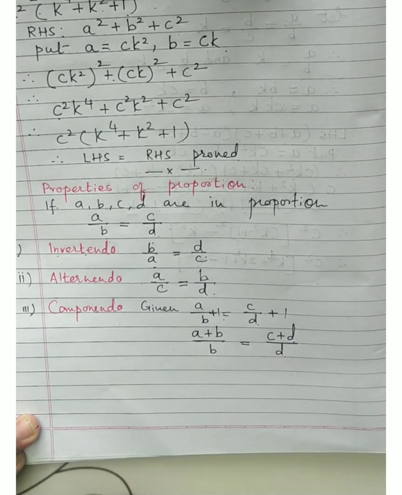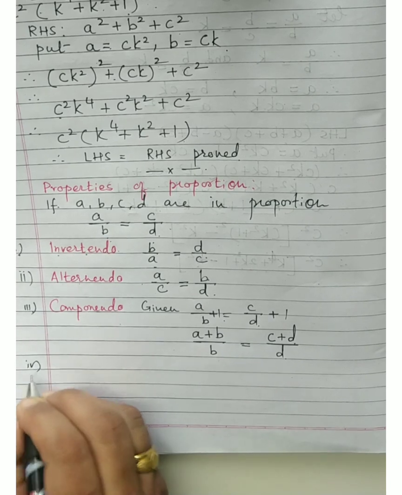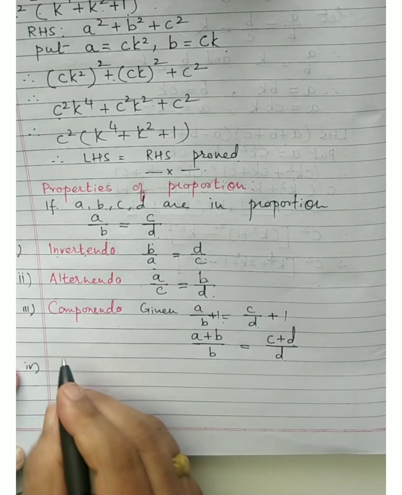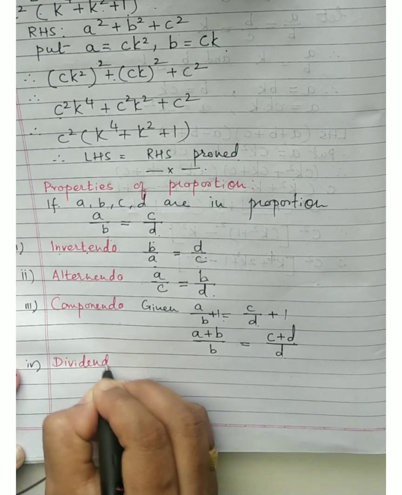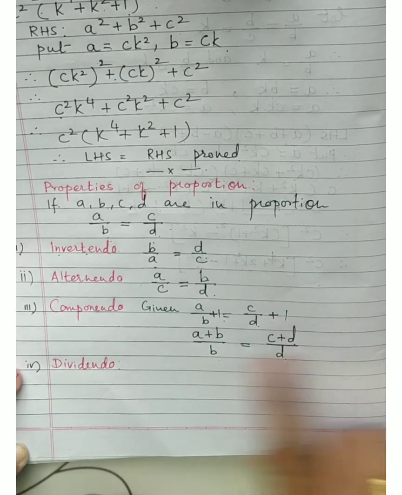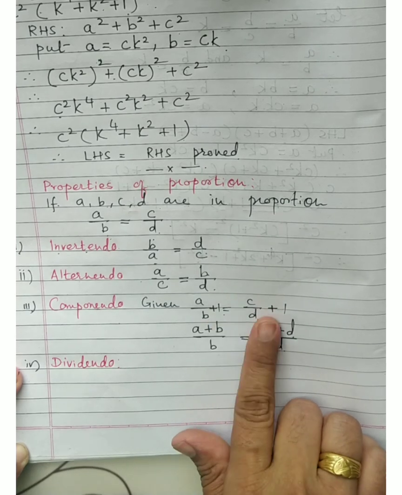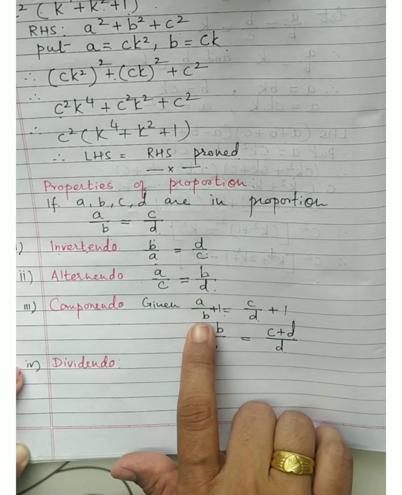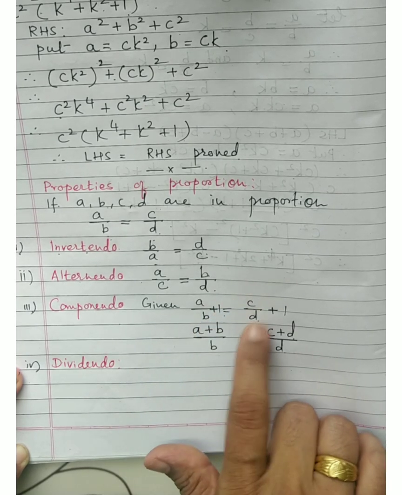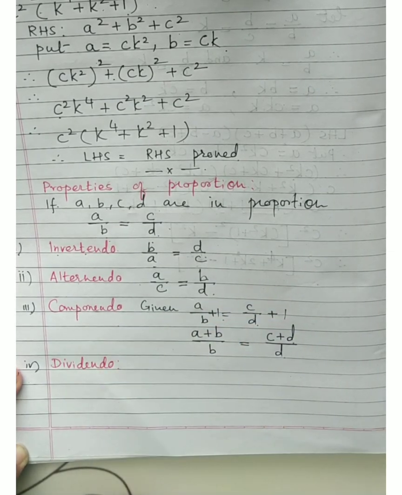Okay, next property, fourth property, dividendo. In place of adding 1 to this proportion, if I subtract 1, what will I get? a minus b upon b is equal to c minus d upon d. That is our property. What is that? Dividendo.